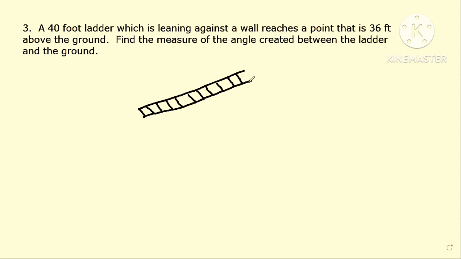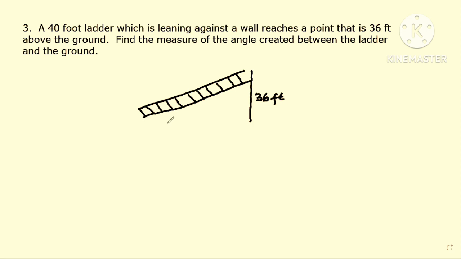And this ladder is leaning against a wall, no? And it reaches the point that is 36 feet above the ground. So where is the 36? This is it, no? 36 feet above the ground. Now, the question is, find the measure of the angle created between the ladder and the ground.